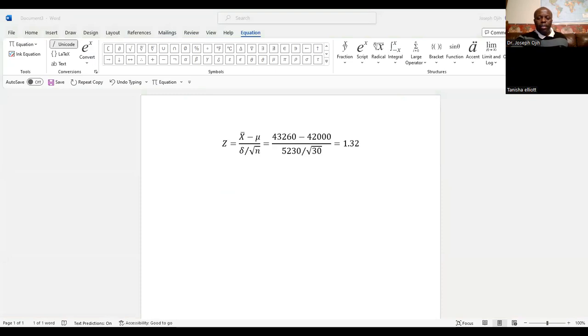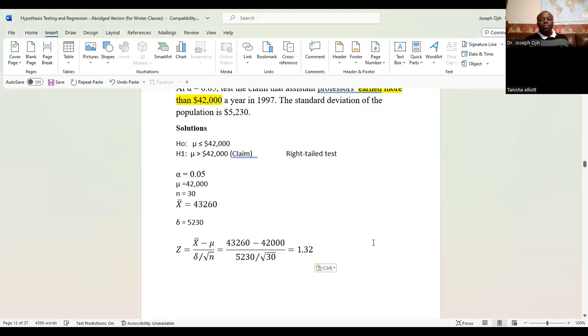So now how do we make a decision? First of all, let's find the critical value. As a matter of fact, we should have found the critical value first.